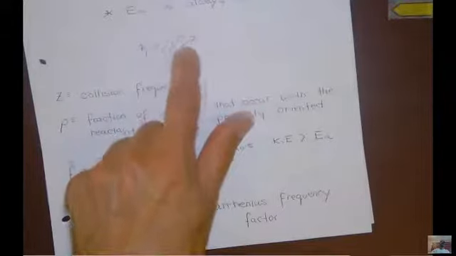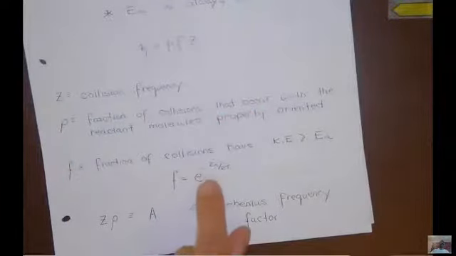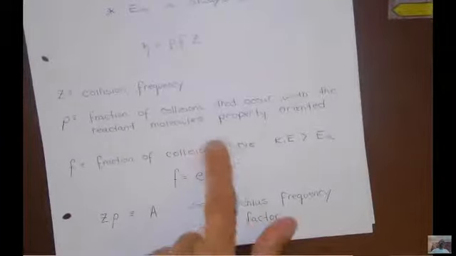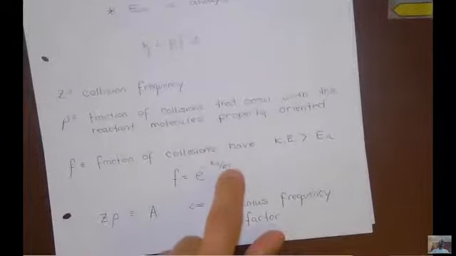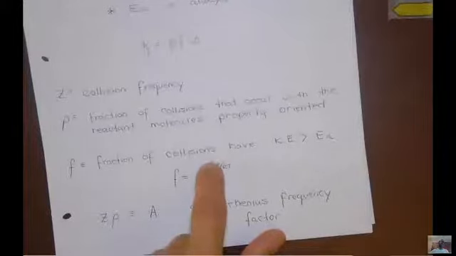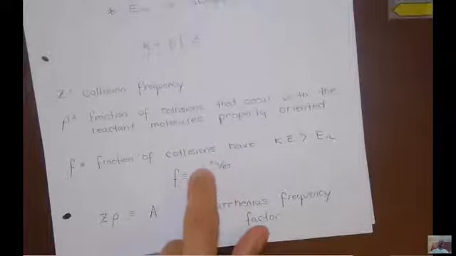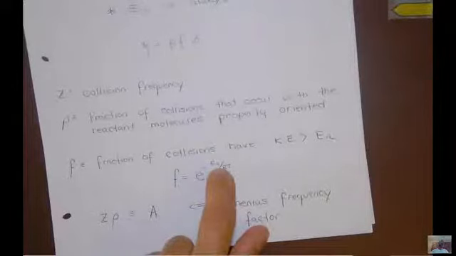So this and this we're going to combine to A, and F we're going to gather up as this whole term here, right? Temperature gets higher, it's going to make this factor go to 1, right? E to the negative, as this guy approaches 0, any number to the 0 power is 1.